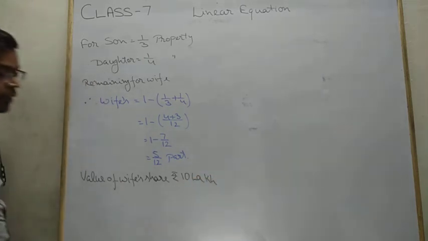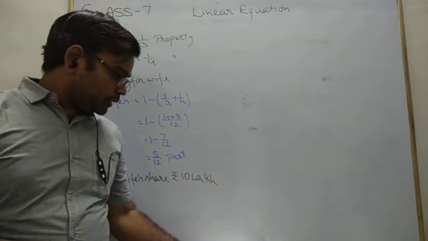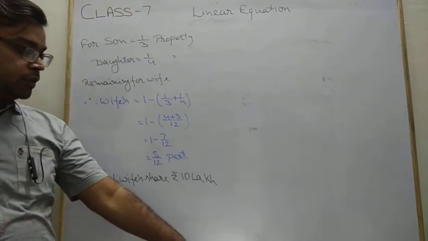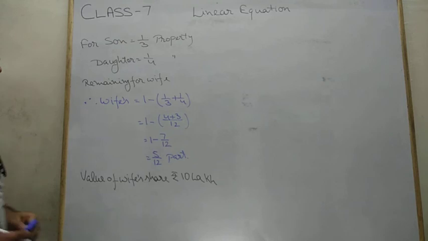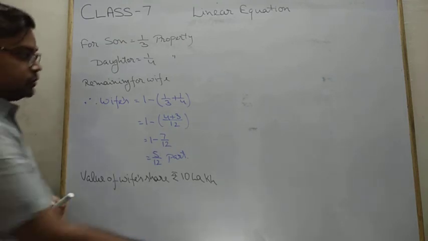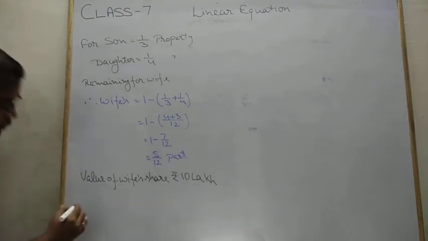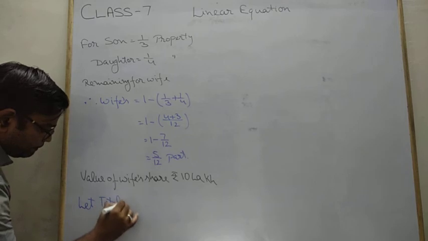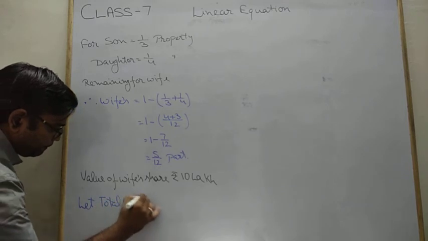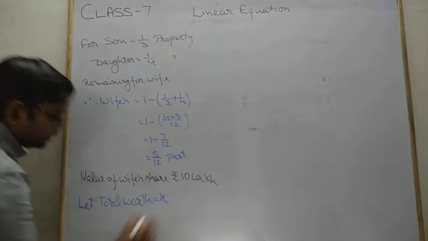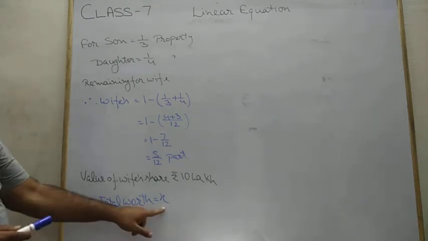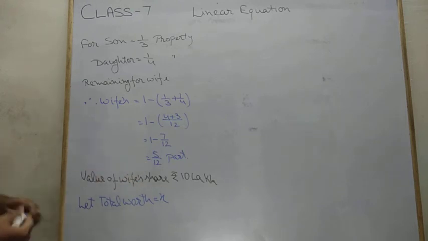Ten lakh. So the question asks you to find the total worth of Pratik's property. Find the total worth of Pratik's property. So what do we start with? Let total worth be x. So out of x, the wife's share is 5/12.